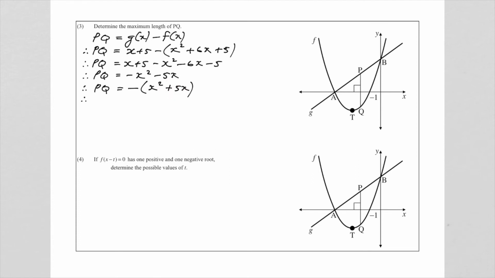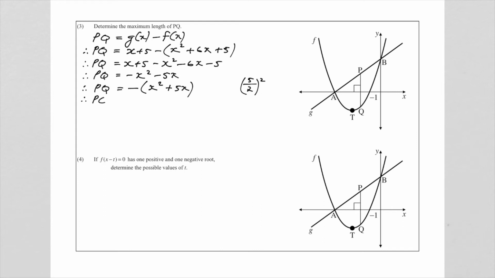And to do that, we take this coefficient of x, we divide it by 2, and we square the answer. So if I just write it down separately, it's 5 divided by 2, and I'm going to square that. And I'm going to add this and then subtract it so that it stays the same.